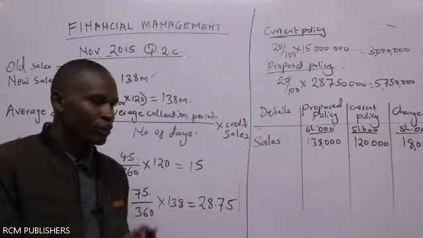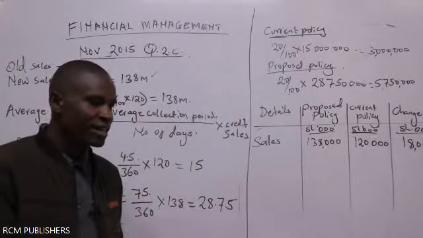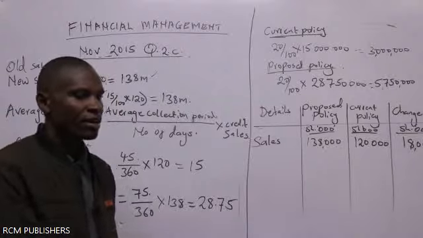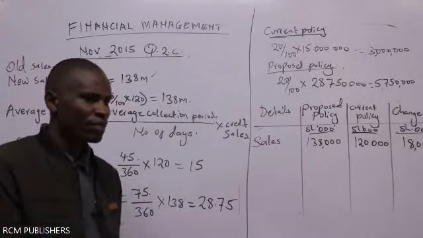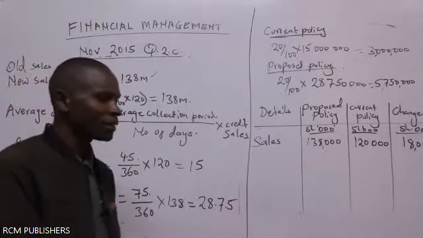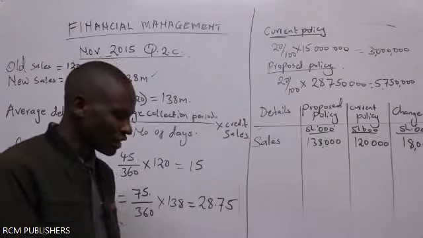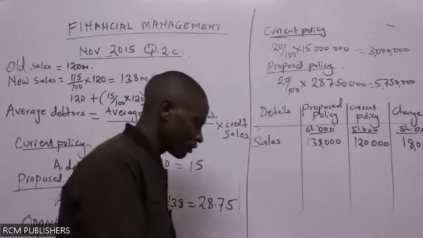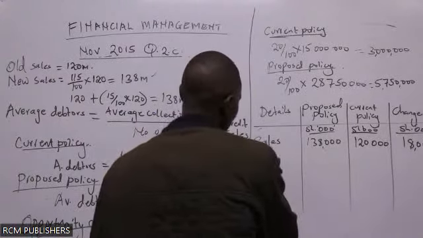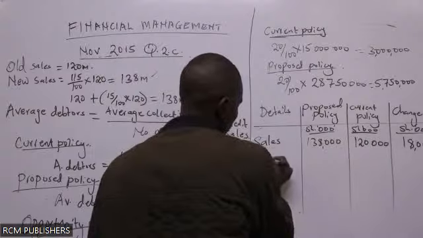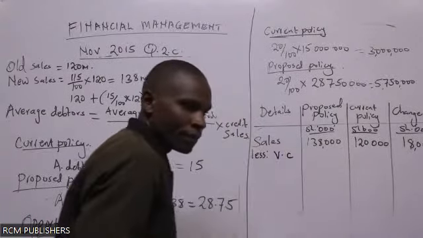Remember, we need to get to a point where we have contribution. Therefore, I can see they gave me a percentage of the variable cost. Which percent of sales is the variable cost? 80%.